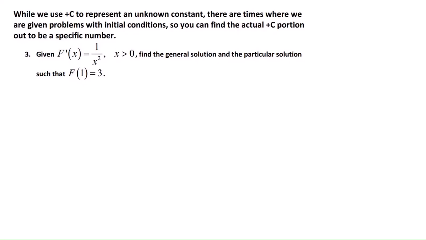All right, so the first thing I want to do is write down my function, and then I'm going to find the antiderivative of that. So I'll rewrite it to help me with the power rule. I add 1 to the exponent. I divide by the new exponent. I'm getting that.